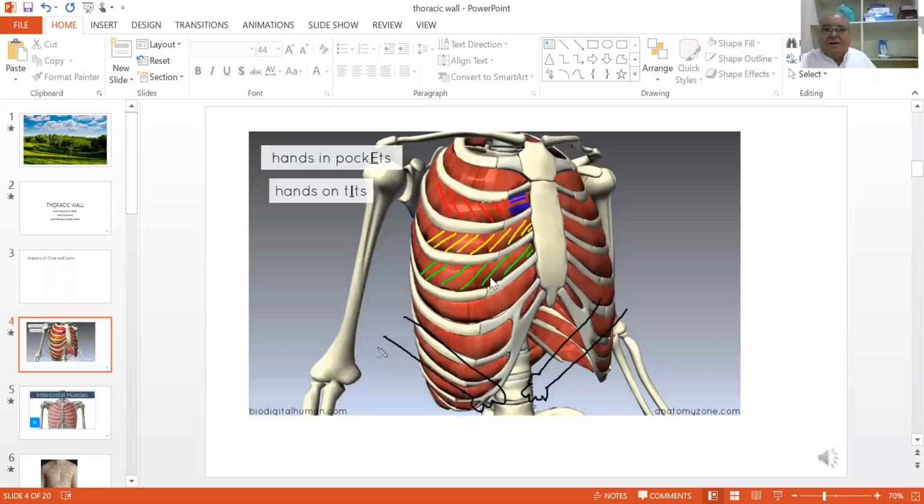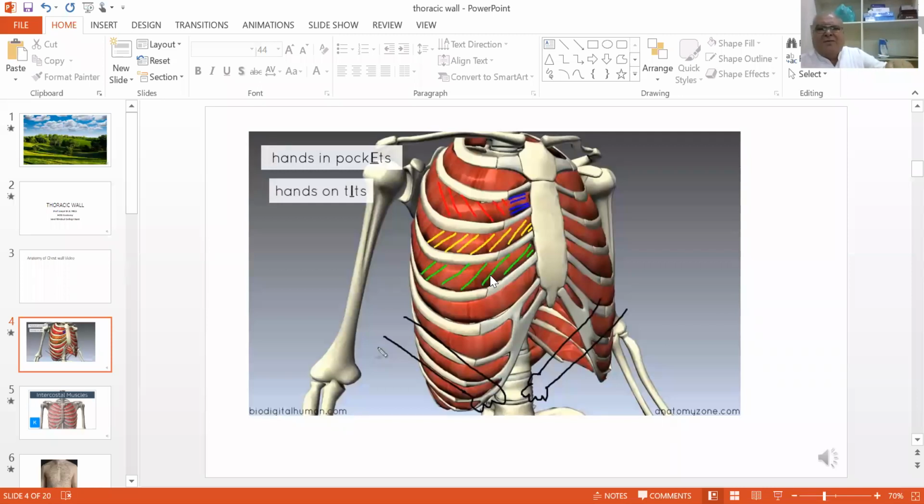And the third one is coming from the other edge of the groove. This was the outer sharp edge, and this is the groove. I'm sorry, you can't appreciate it from there, but once you take the rib in your hand, you can see the groove, the sharp edge and the blunt edge. So from the blunt edge, the innermost muscle is arising and coming to the lower rib. They have different names.